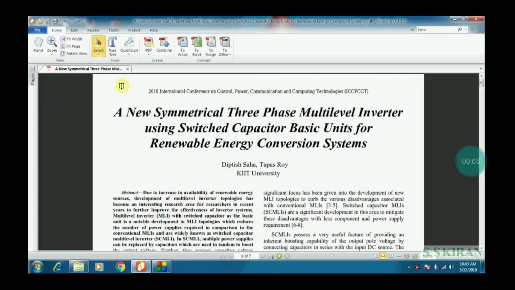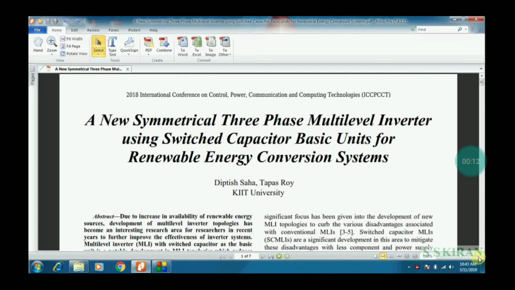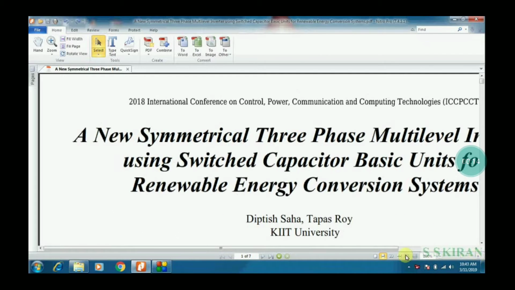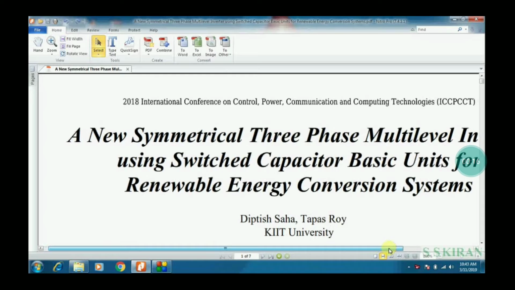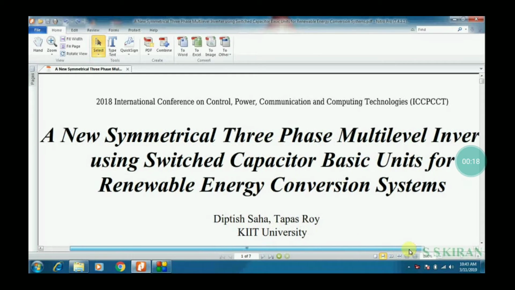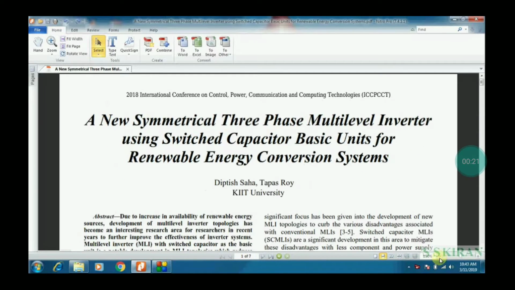I would like to discuss the execution and explanation of the following base paper in MATLAB. The main keyword of this paper is switched capacitor.